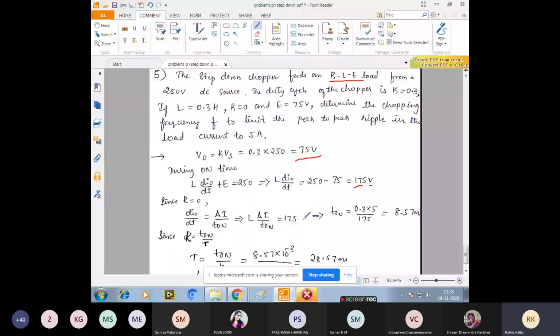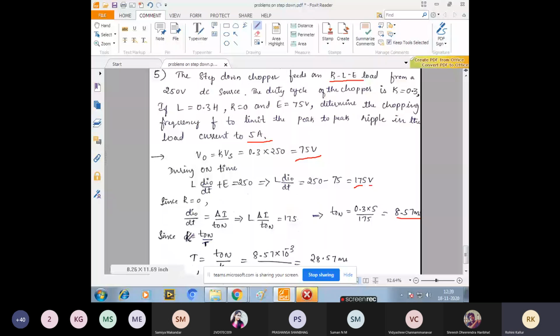Now I want only T on to be calculated. So I'll rearrange this, taking it to the other side. So L value I know it is 0.3, delta I is 5 amps. Okay. So 0.3 into 5 divided by 175. So the value is equal to 8.57 milliseconds. Okay, this is what it is, T on.